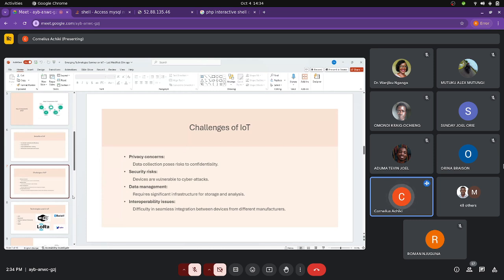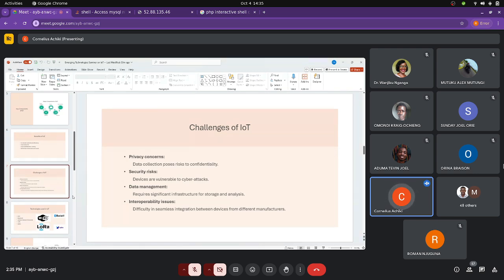And that translates to an increase in costs. Remember, I mentioned cutting costs during implementation of data collection. But in this case, the kind of costs that come with it, especially security, is quite high.